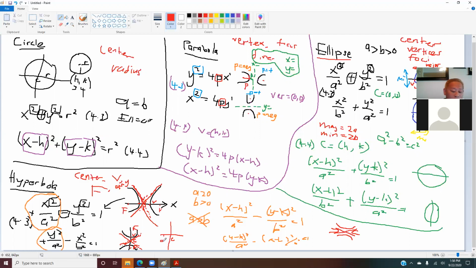So this is your A. Again, what is A? A is the distance from the center to your vertex. Okay, this is your vertex here. And then you need to know your B. So B is kind of like the minor axis that you did in ellipse. So once you know your A and B, you draw a box.